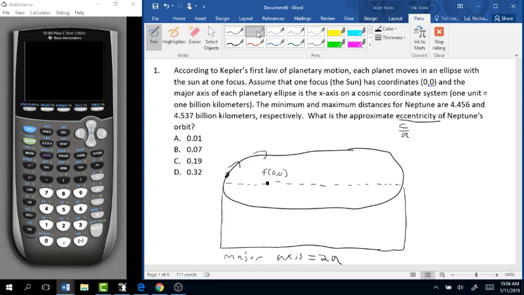The shortest distance from the focus to the orbit is going to be this length right here. So the minimum distance, I'll call that variable A, is equal to 4.456, and we're just going to stay in billions. So this minimum distance right here is equal to 4.456.